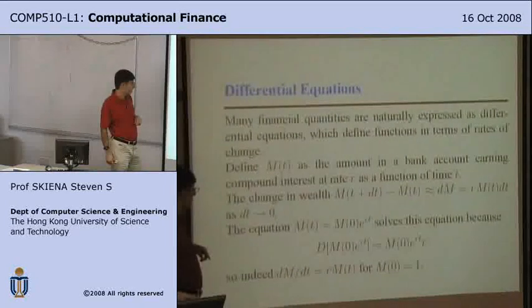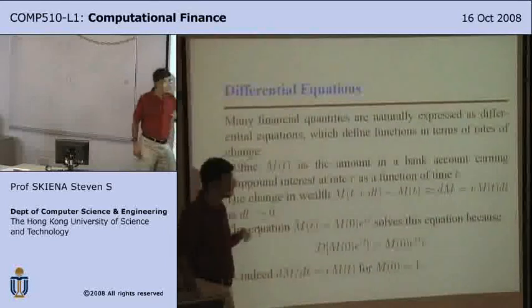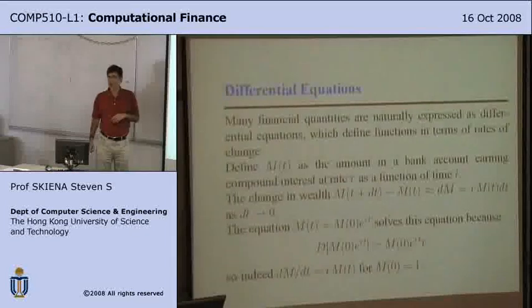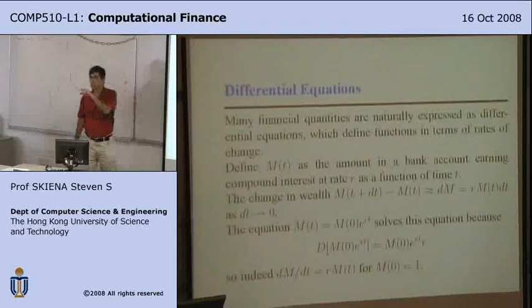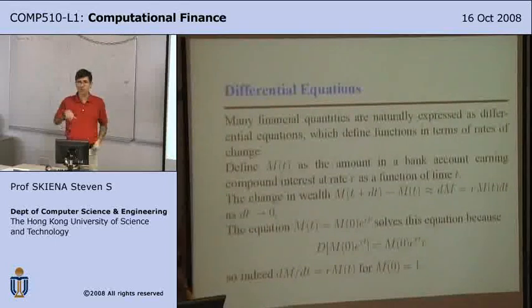If you plug that in, it shows you that this function is a solution to the bigger equation. Any questions about that? When you took differential equations, you recognized this. Maybe you still recognize it. But it's an example of how these things come up in financial terms. Any questions?